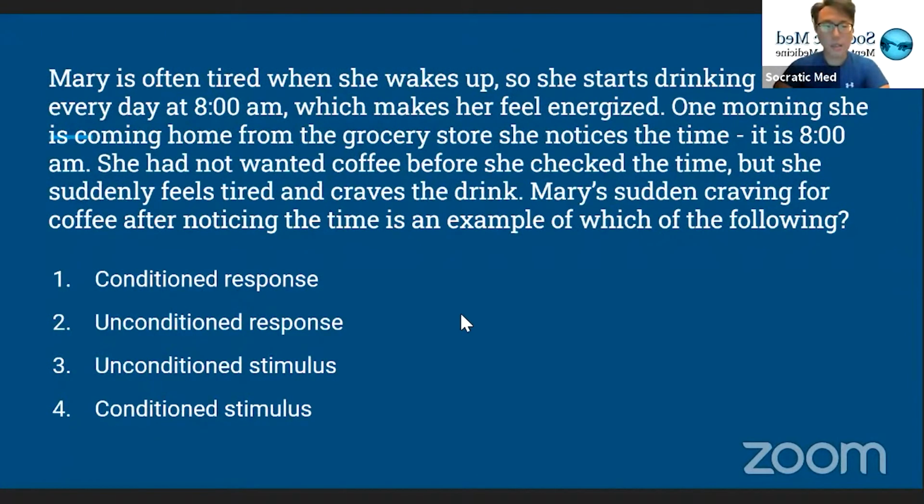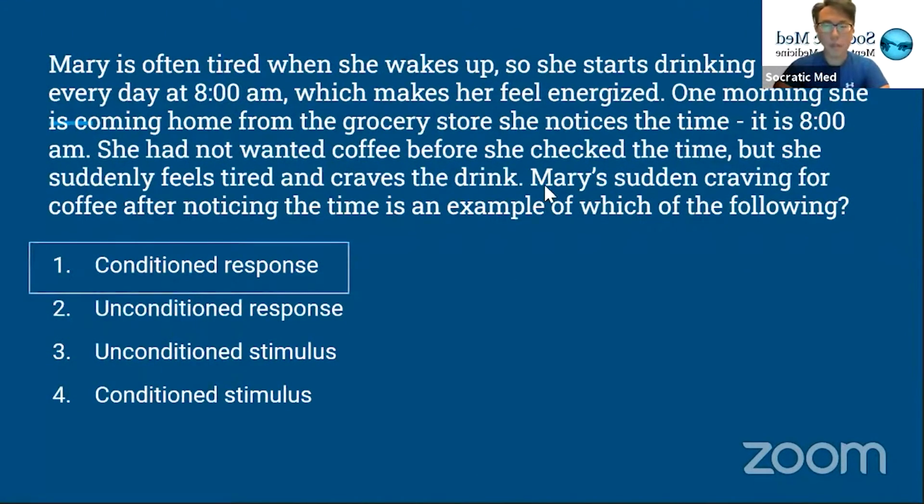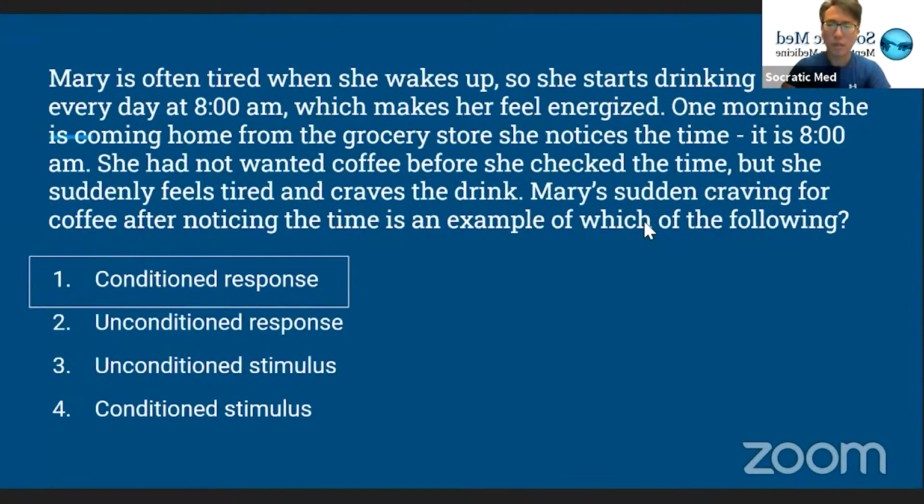Choice A. It would be the conditioned response because normally, if you look at the time, you wouldn't automatically have a sudden craving for coffee. But because she normally drinks coffee at a specific time each day, she's conditioned herself to want to drink coffee at that time.